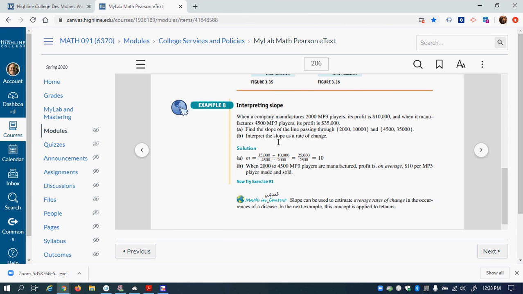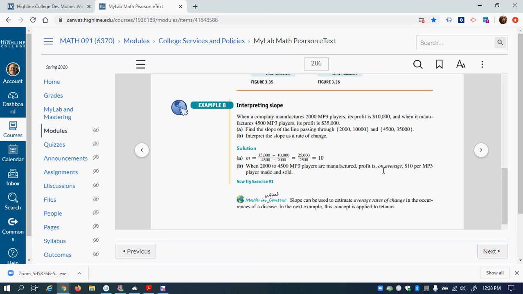So we put that in our slope formula, and we get 10, because 35,000 minus 10,000 is 25,000, and 4,500 minus 2,000 is 2,500. So we get 10. So what does that mean? Interpret that. That means that when 2,000 to 4,500 MP3 players are manufactured, the profit is on average $10 per MP3 player.